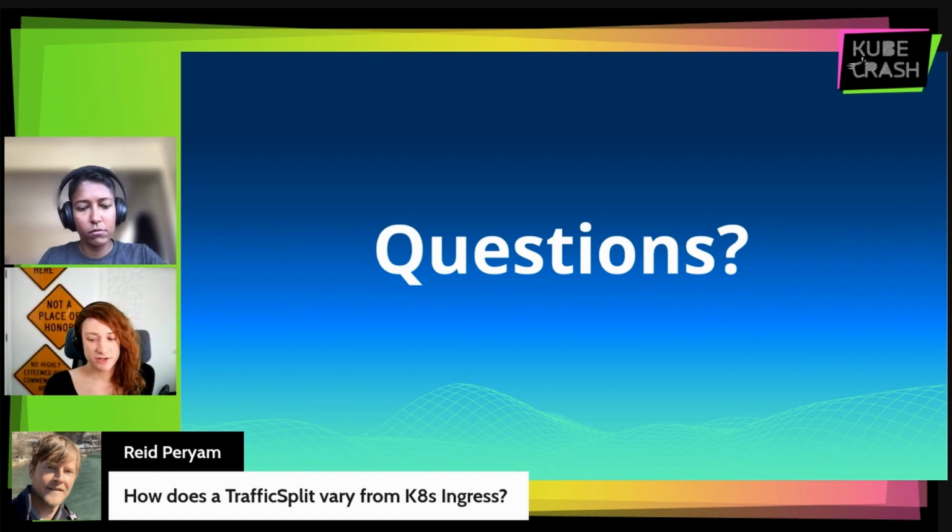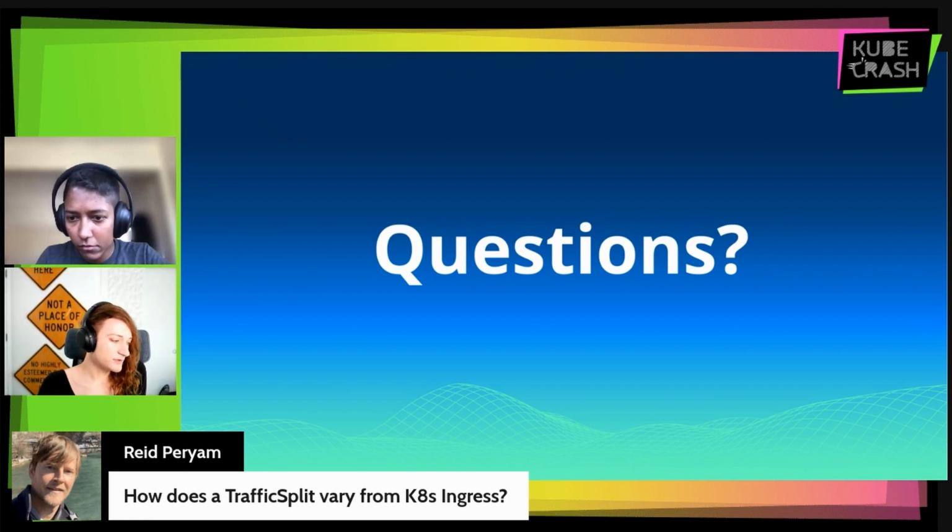So maybe a very technical explanation is that we have these proxies, and the proxies are both routers and load balancers, right? So a router is deciding, based on this request or this connection, what service do I send it to?